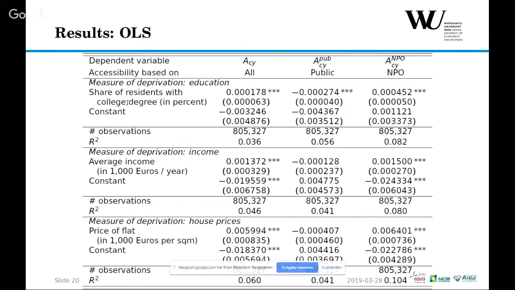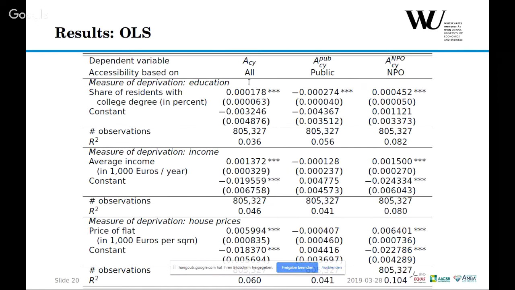The results of the OLS regressions support this. On this slide, you can see the results of 9 different OLS regressions. And in the first column, we find the results of the models that are estimated for this spatial accessibility measure that is based on all nursery groups, irrespective of their institutional form. And the second and the third columns disaggregate the results for public and nonprofit institutions.